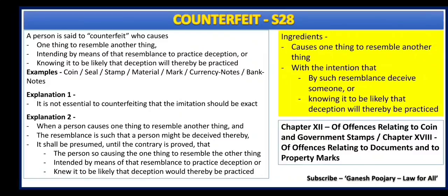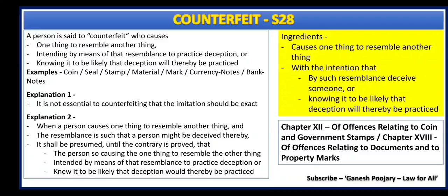Here a person causes one thing to resemble another thing. So basically you need to have a presumption that there is already one thing available, and here a person is making another thing which is resembling that particular thing. For example, whenever we are discussing counterfeit, we have to keep in our mind examples like coin, seal, stamp, materials, mark, currency notes, bank notes.